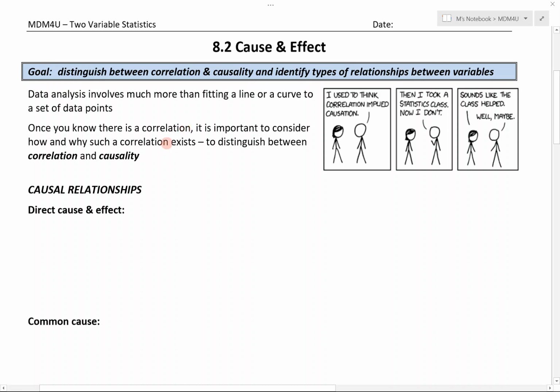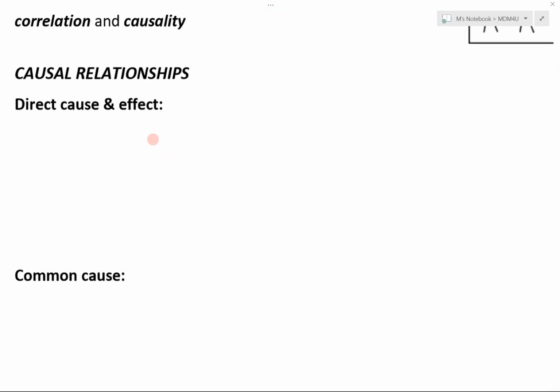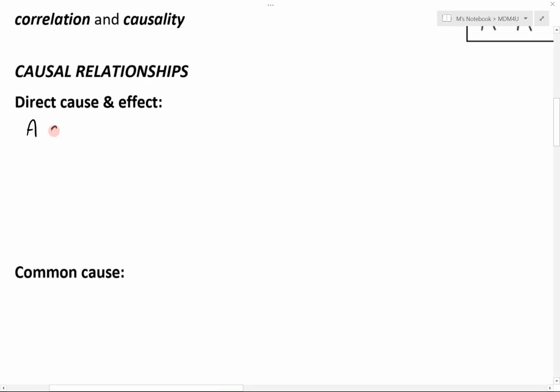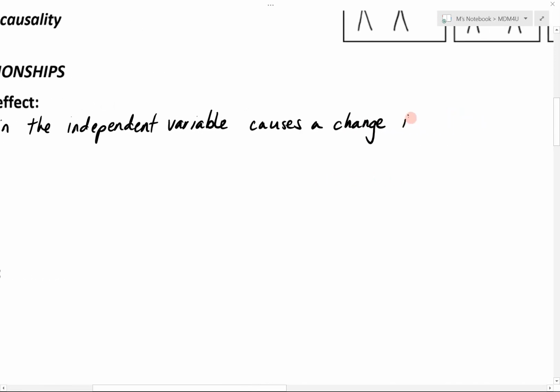So there are different kinds of causal relationships. We're going to look at some of these together. The first one we'll look at is direct cause and effect. A simple definition for this is that a change in the independent variable causes a change in the dependent variable.